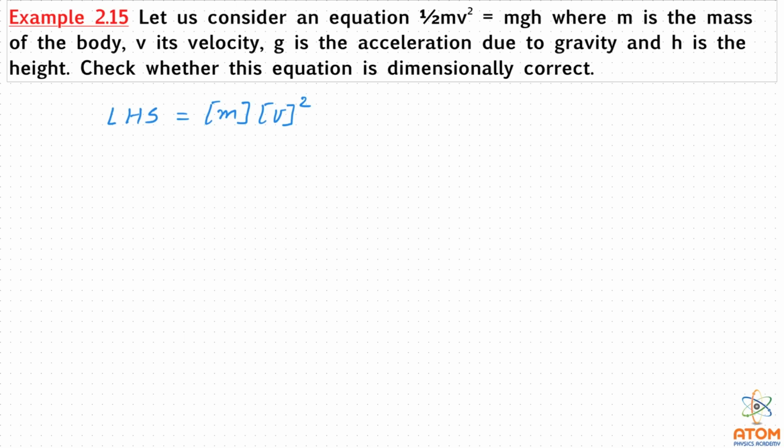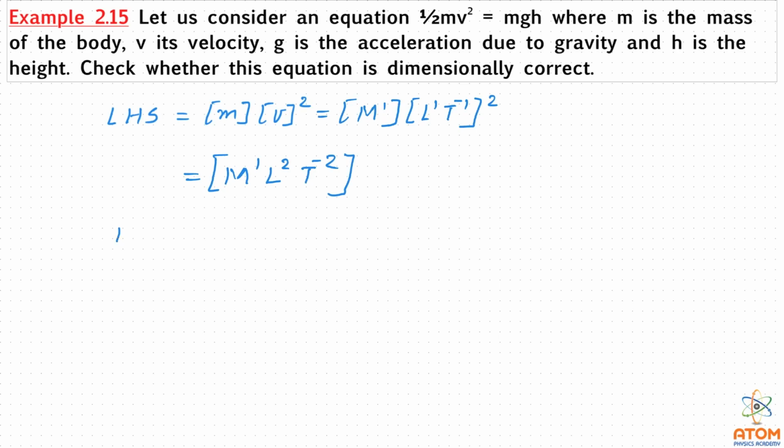Now the dimension of mass is M¹ and the dimension of velocity is [L¹T⁻¹] raised to the square. So as a whole this becomes M¹L²T⁻². This is our left hand side.